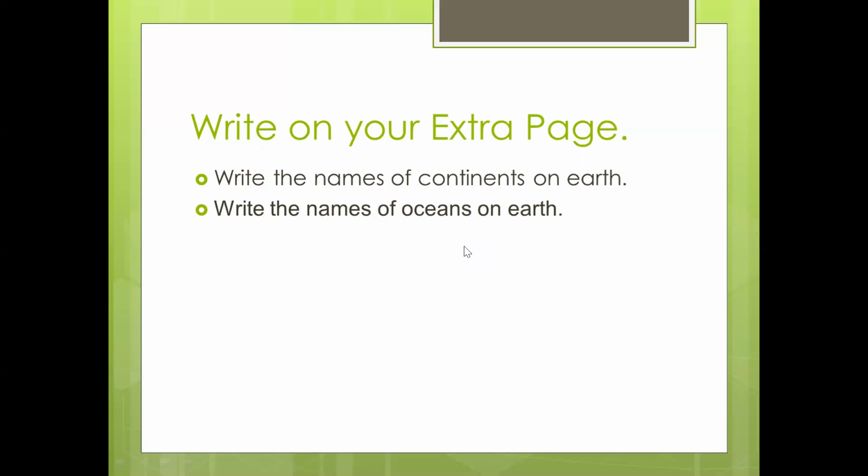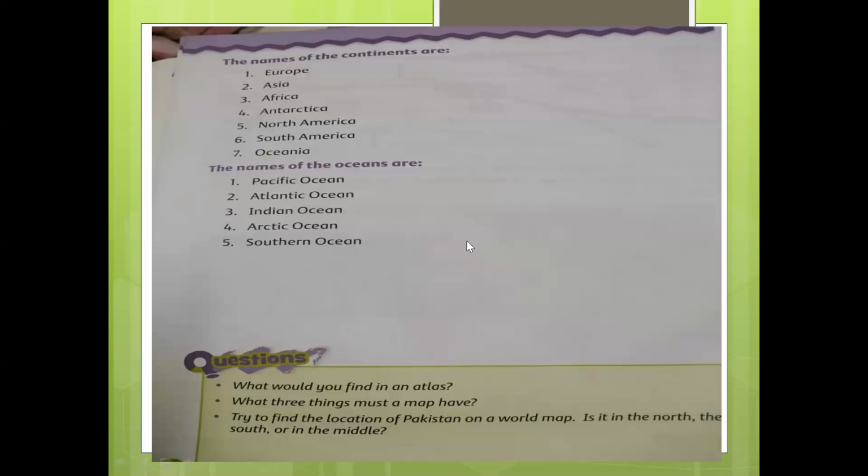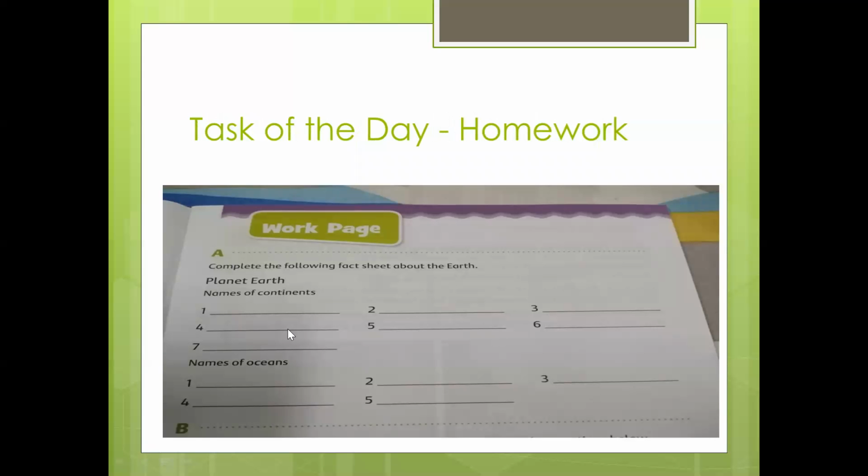Now, you people are required to write the names of the continents, the 7 continents on earth, and also the names of the oceans, the 5 oceans on earth. And where are you required to do this? You are required to do this on your work page, that is page 11, and this is exercise A. This is your task of the day.